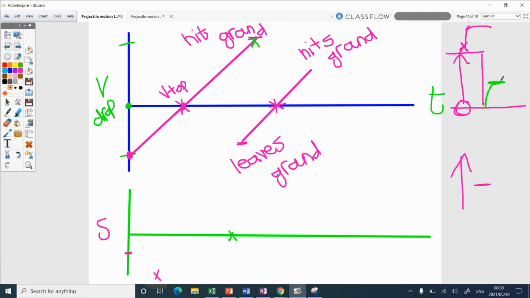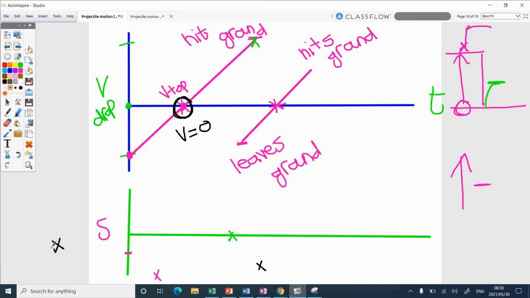When it gets here, has it gone up from the ground or down from the ground? Up from the ground. And we decided that up is negative. So it's going to go negative again. Happy with that? Yeah. All right, now let's see what this graph is going to look like. What is the velocity here when it reaches the top? 0. Velocity is 0.